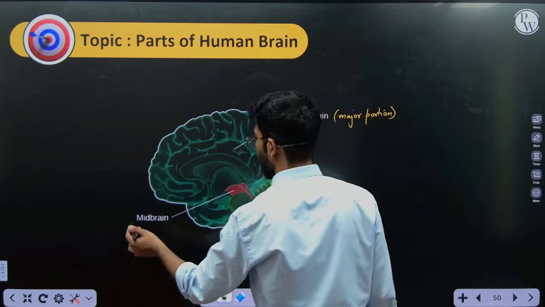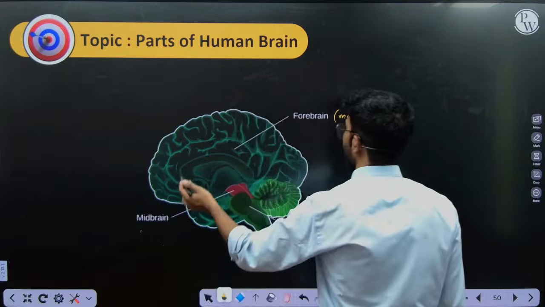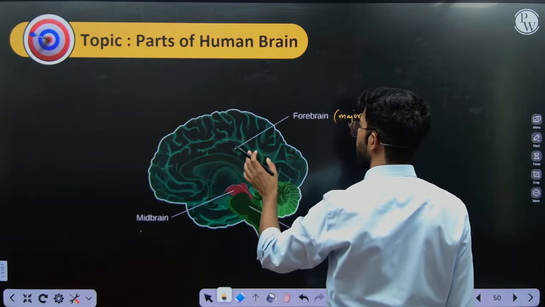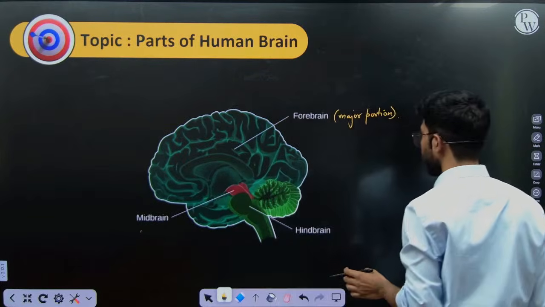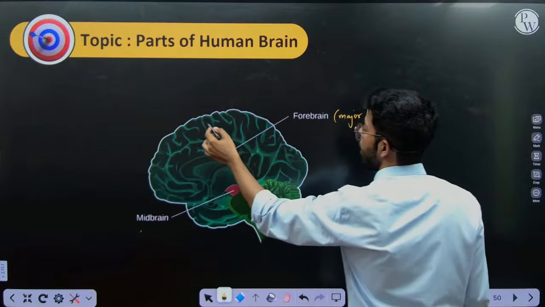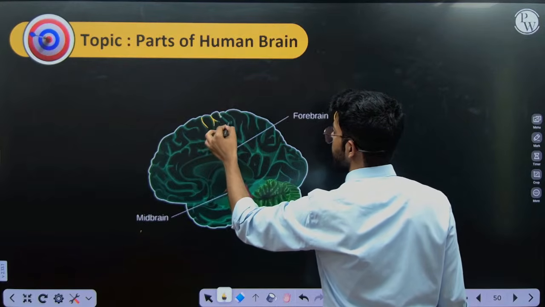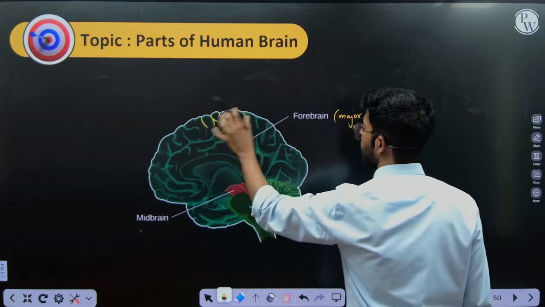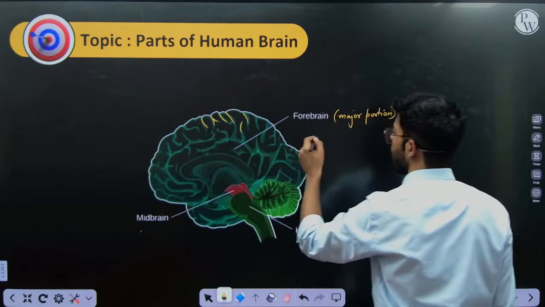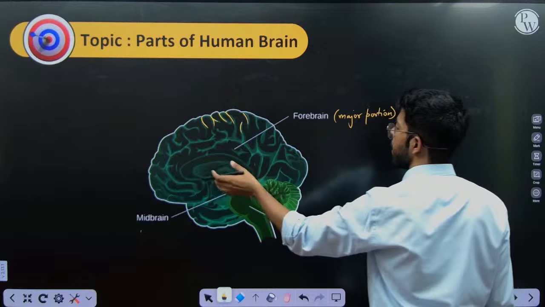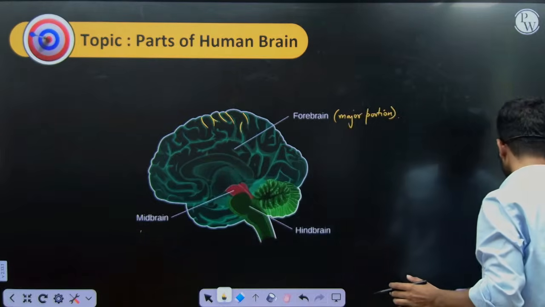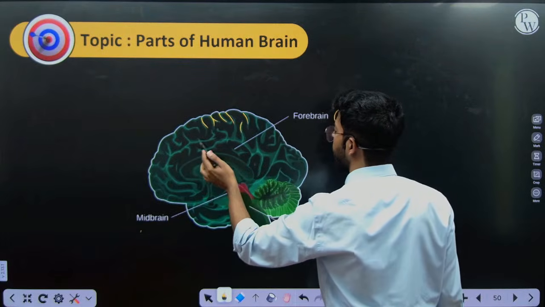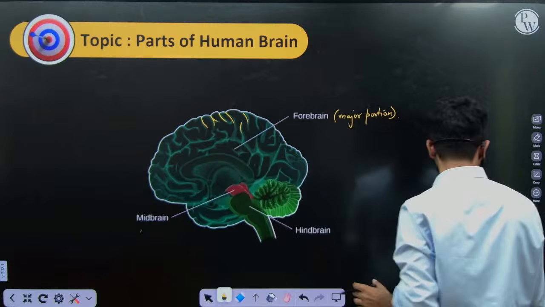In midbrain there are corpora quadrigemina, and forebrain has different lobes: frontal lobe, occipital lobe, parietal lobe, temporal lobe, and this is the major portion in which you can see the gyri and sulci, major and minor grooves. The outer region of the forebrain is the cortex, and the outer region is of gray matter. The inner one has the white matter.